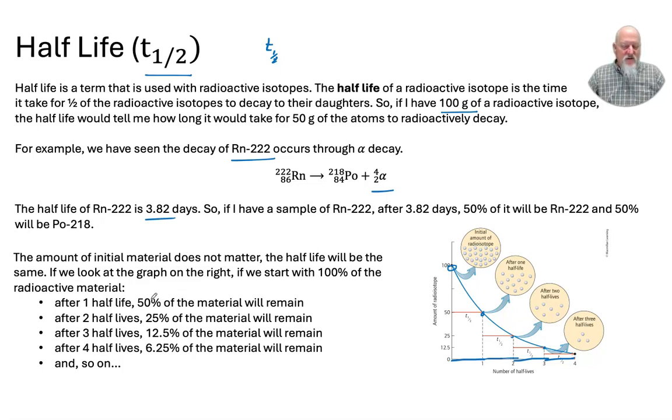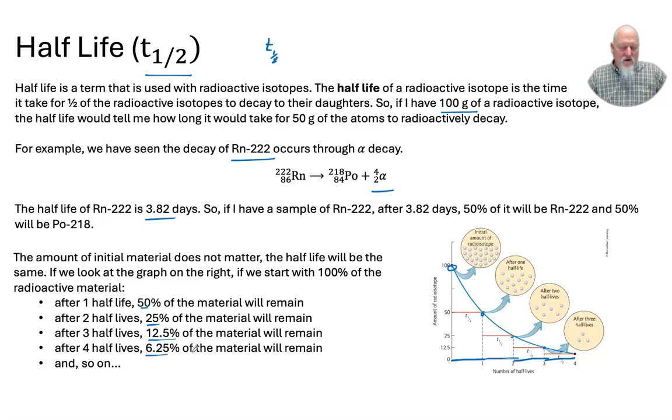You can see that each half-life we just divide the amount by 2. We start with 100%. After one half-life, we have 50%. After another half-life, we divide 50 by 2 and we get 25%. After a third half-life, divide 25 by 2 and we get 12.5% left.